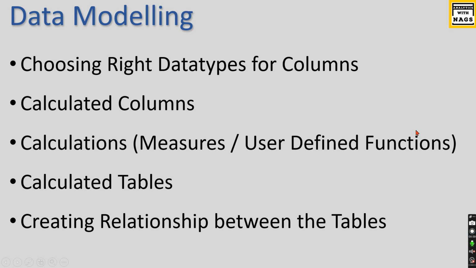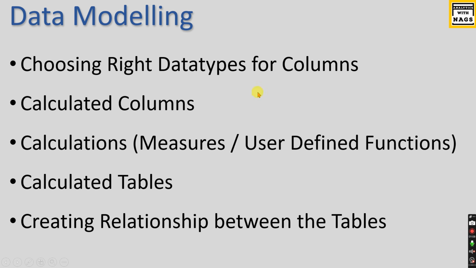What you can do in data modeling is choose the right data types for columns, otherwise some calculations won't work. Let's say you want to do YTD or MTD functions, so your date column should be defined as data type date. If you want to do average and sum, then any numerical column should be defined as decimal, integer, or whole number.